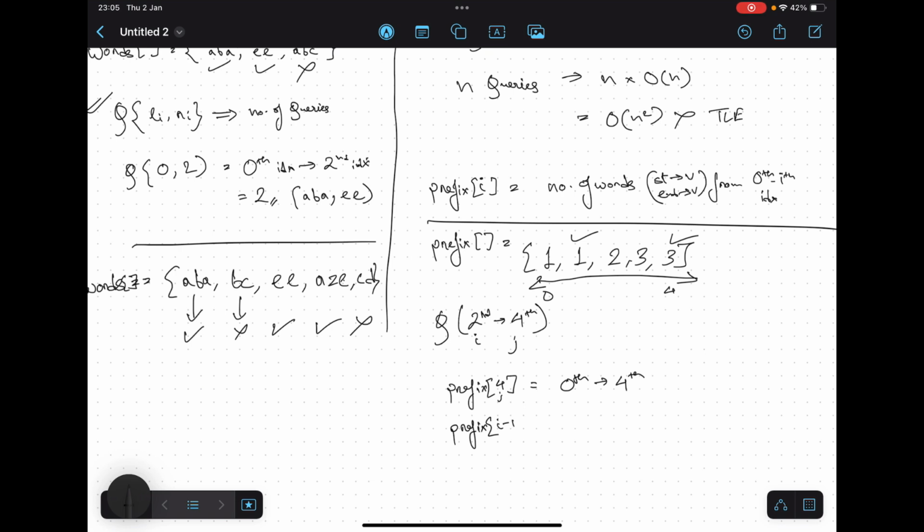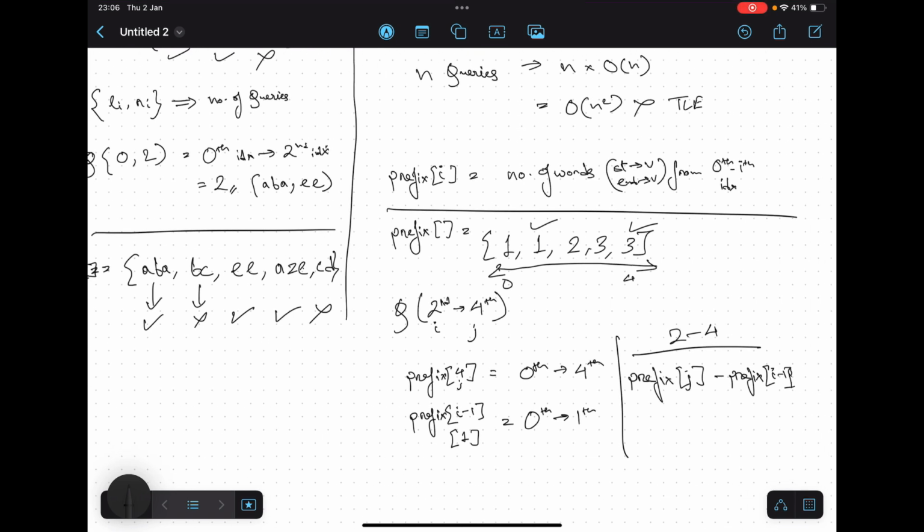So prefix i minus 1, which is prefix 1, gives us the count of words starting and ending with a vowel from the 0th index to the 1st index. So for the query 2 to 4 we will get the answer if we subtract prefix i minus 1 from prefix j. So in this case, it would be prefix 4 minus prefix 1.